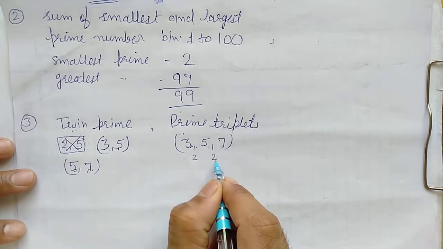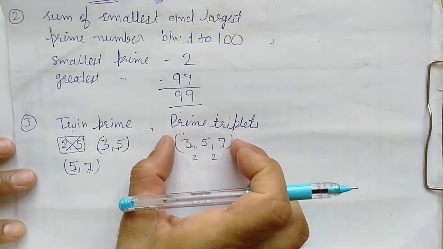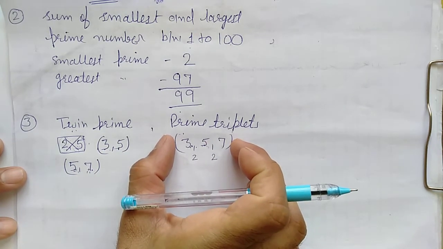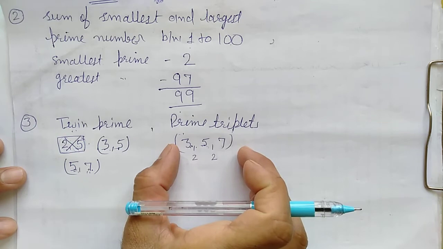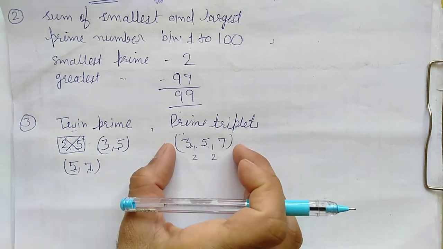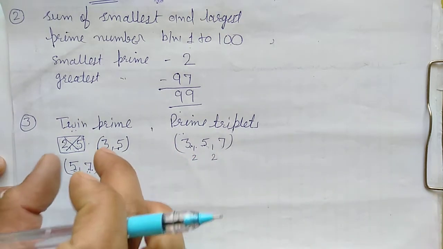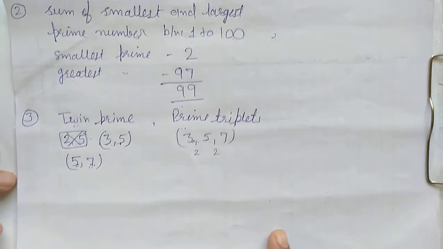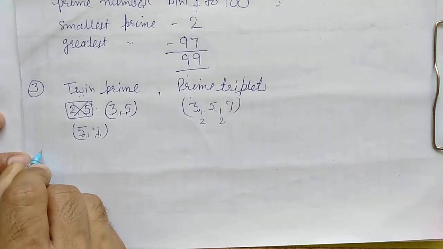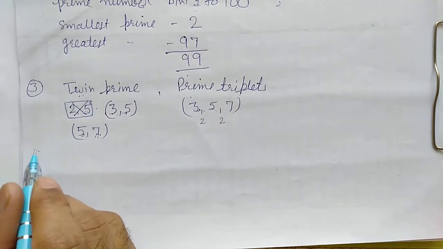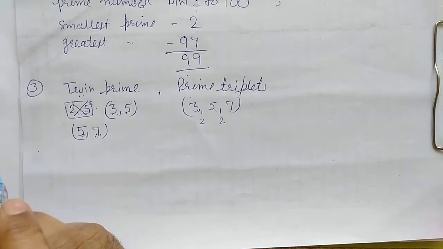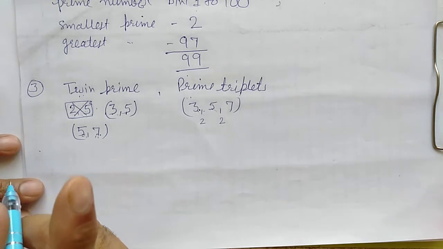So these 3 numbers are called a prime triplet. With reference to 3 numbers, it is called prime triplet, and with reference to 2 numbers, it is called twin prime, right? So now we will do question number 3, which says, write 5 pairs of twin primes.